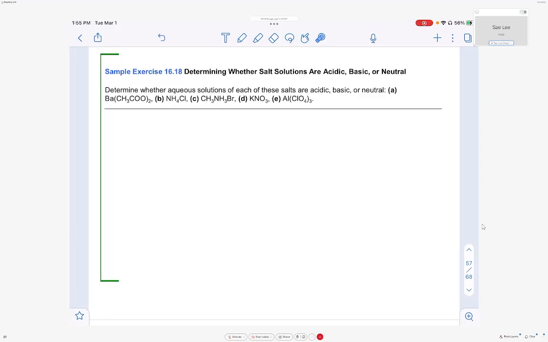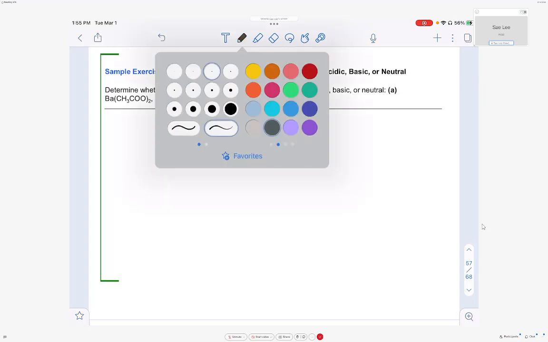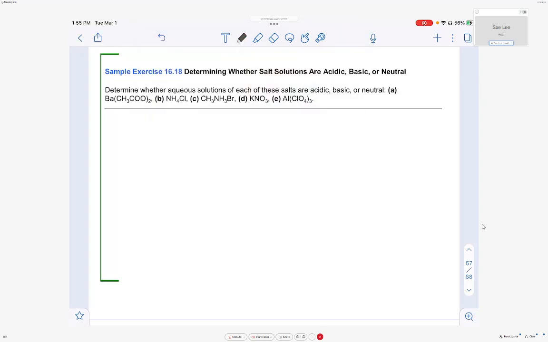So let's try a sample exercise. Determine whether aqueous solutions of each of these salts are acidic, basic, or neutral. Okay, for question A, you have barium acetate, ammonium chloride, methyl ammonium bromide, potassium nitrate, aluminum perchlorate.